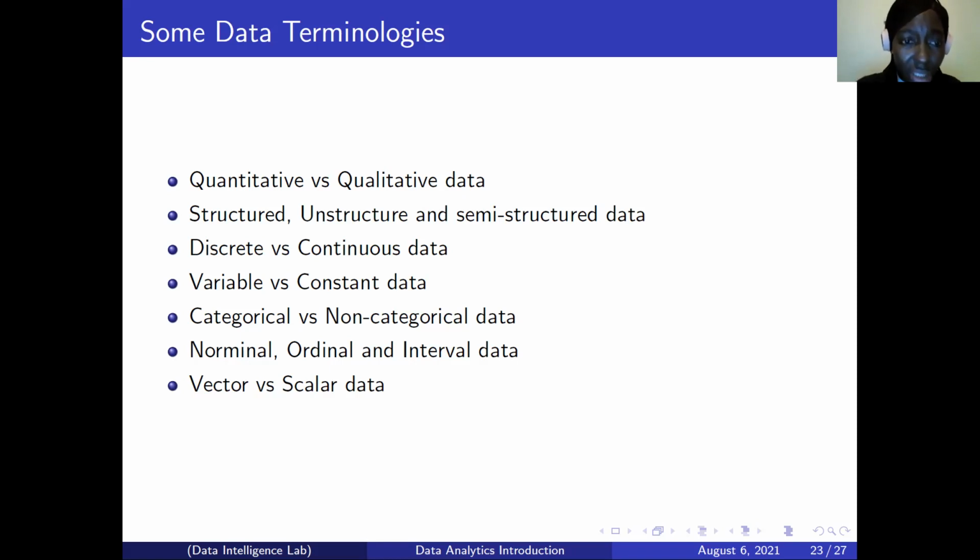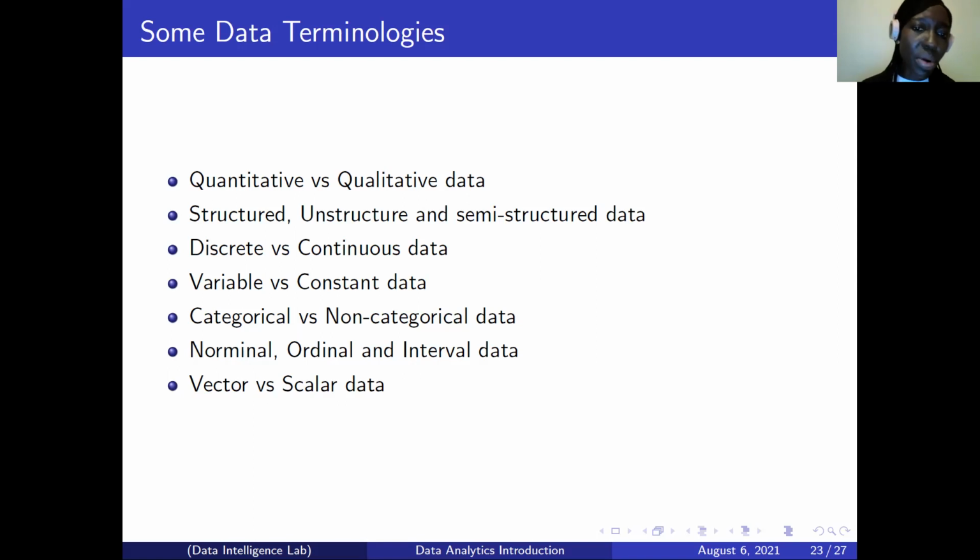For instance, your integers are discrete, but things like floating numbers that can take any form of value within a range are continuous data. For instance, between 0 and 1, you could have 0, 0.01, 0.1, and things like that. So floating numbers are categorized as continuous numbers.